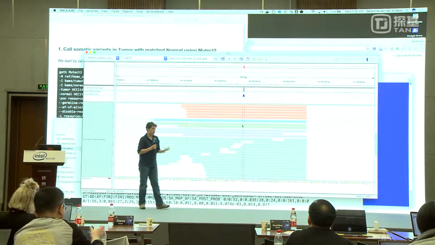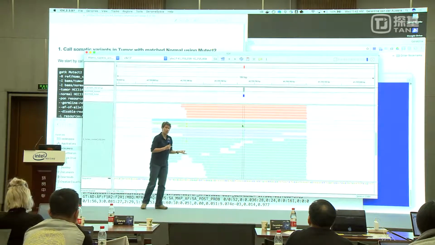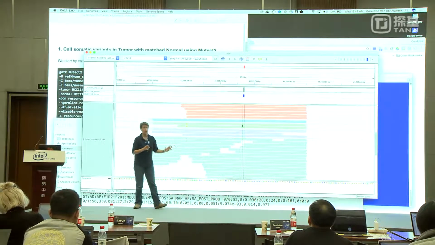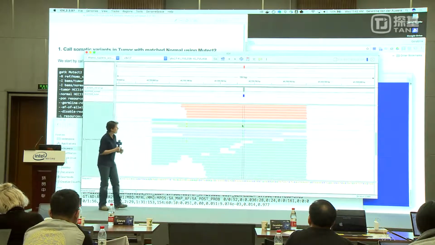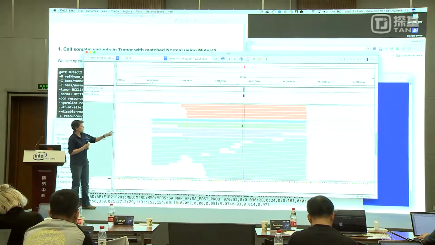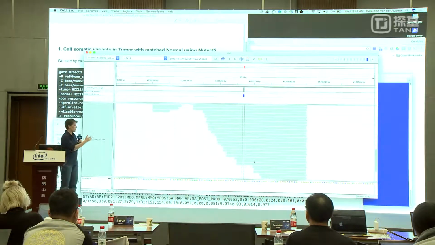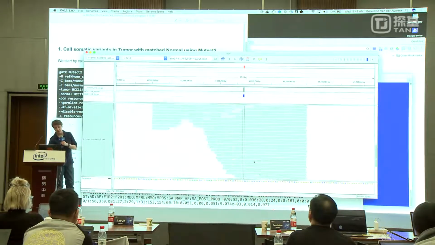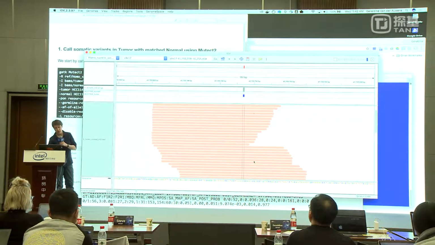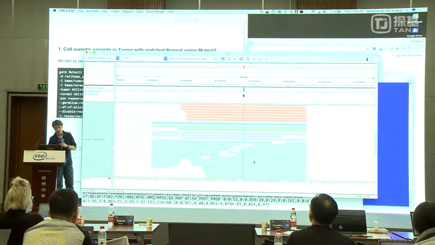So if we're not sure which of the haplotypes is more likely, we just don't count those reads as part of the calculation as regards a particular haplotype. Okay? We're not able to identify specifically which haplotype is supported, so we're just going to ignore that.